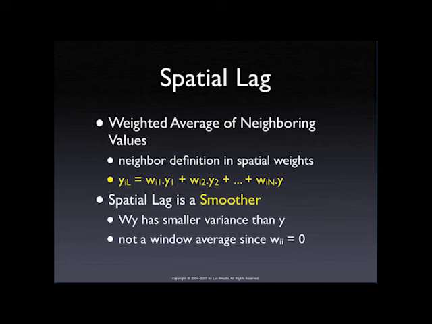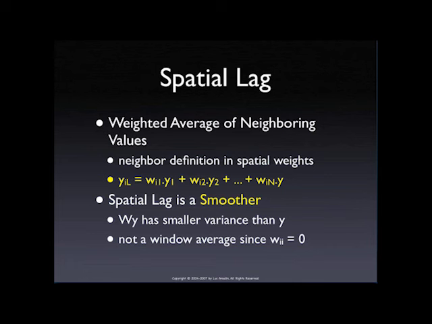If i and j are not neighbors, that would be 0. If they are neighbors, it would be non-zero. We talked about some basic notions where the weights start out as 0, 1, but that can be generalized into all kinds of values for the weights matrix. The basic thing is that if they are neighbors, it's non-zero. If they're not neighbors, it's 0.